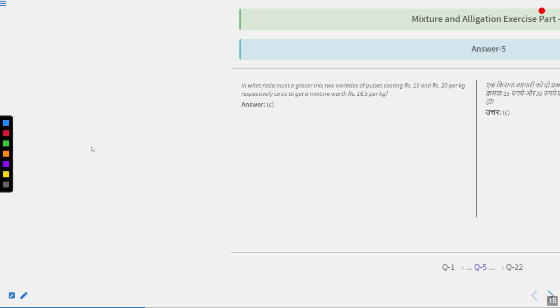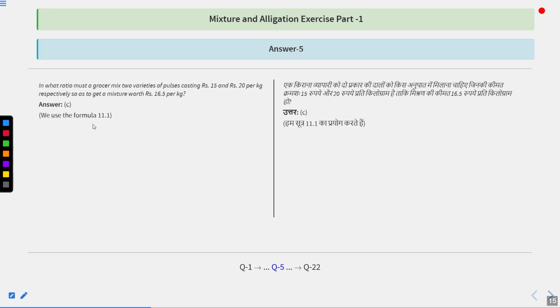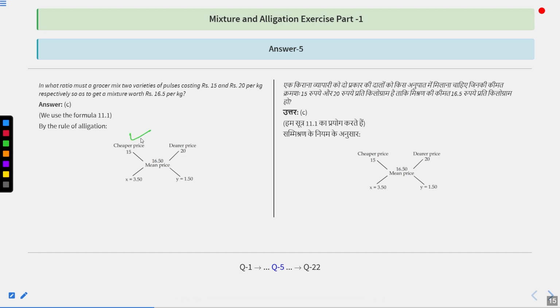Now time's up. Let's see the solution. The question says we are going to use the alligation formula. Clear? The cheaper price is 15, which is given. The dearer or costlier is 20, and he wants to mix them, so the mean or average price is 16.5.